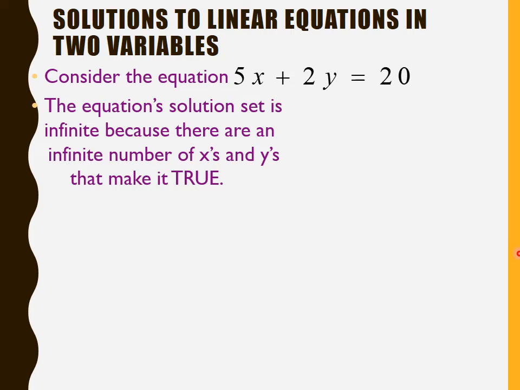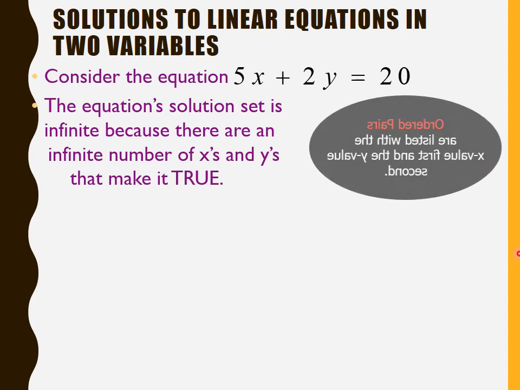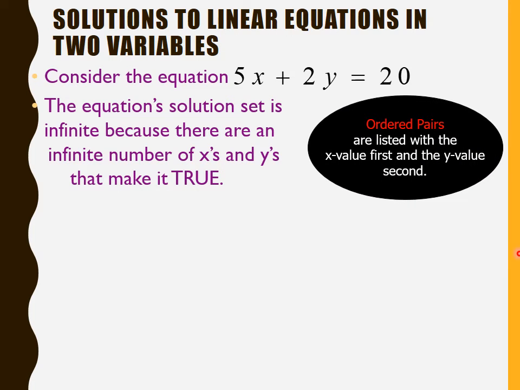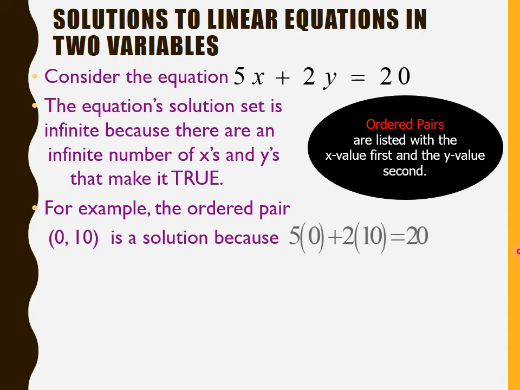So we will have different values of x for which different values of y will satisfy this equation, as a result of which we will get an infinite number of solution sets. The solution sets are also known as ordered pairs in terms of coordinate geometry. Ordered pairs are listed with the x value first and the y value in the second position.